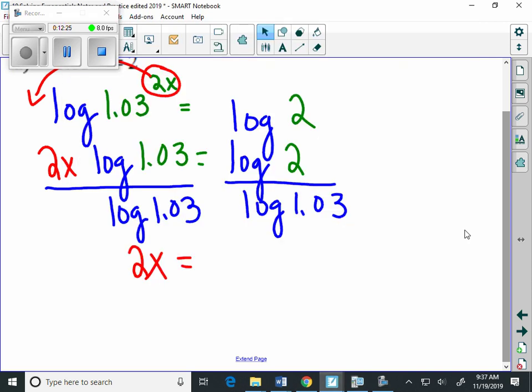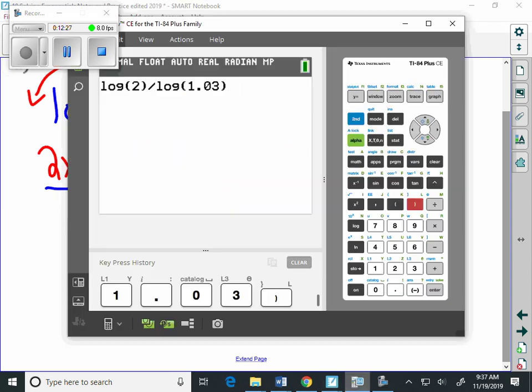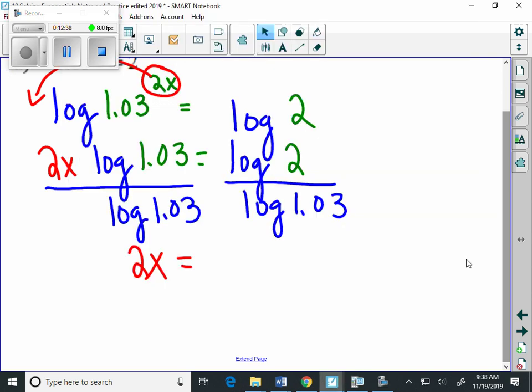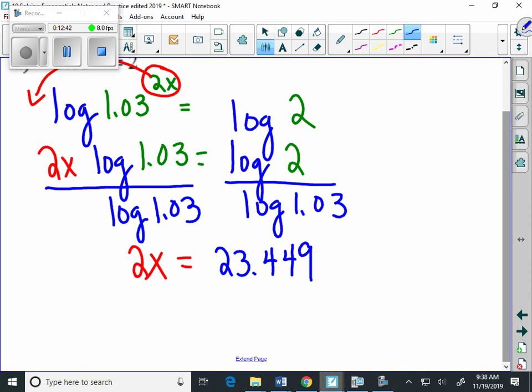And when we press enter, we get that number. Leave that number in your calculator. I'm going to write down 23.449. But I'm leaving that number in the calculator because ultimately what we're trying to do is figure out what x equals.